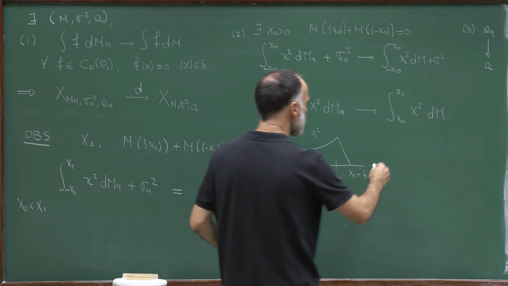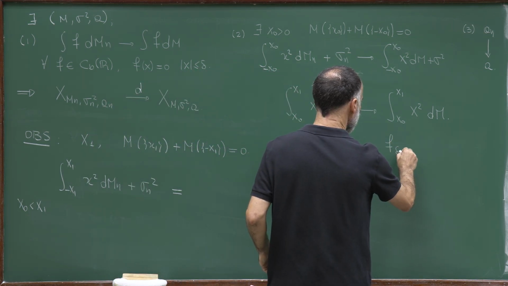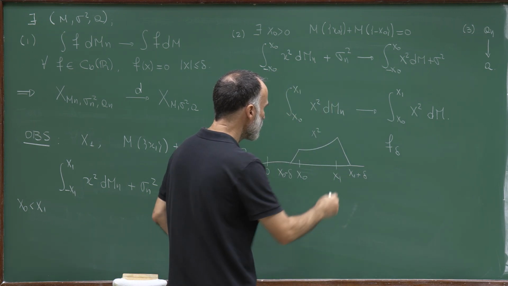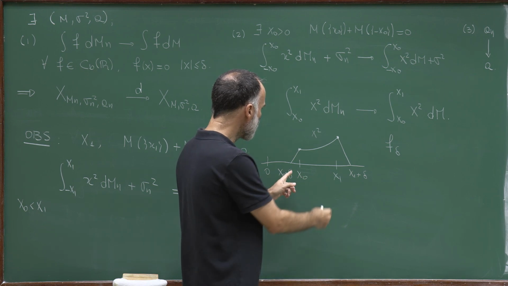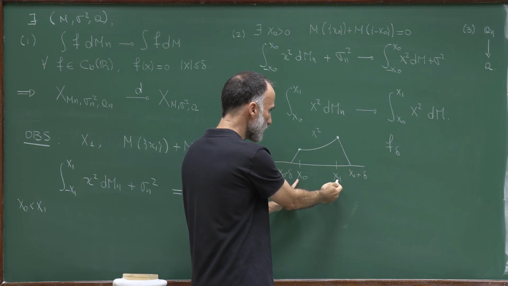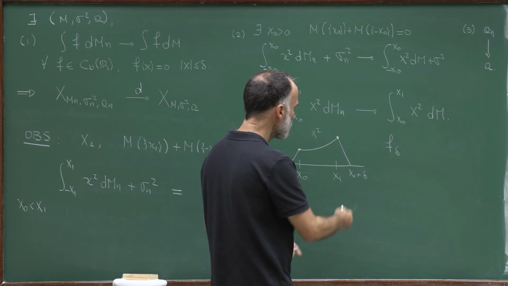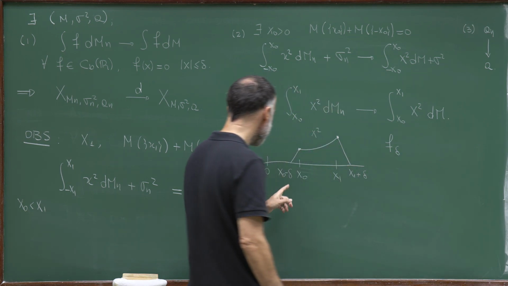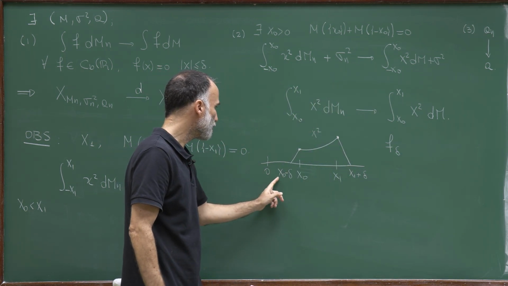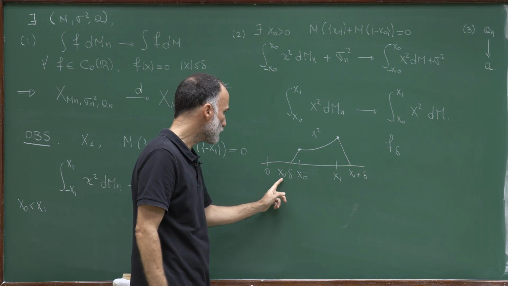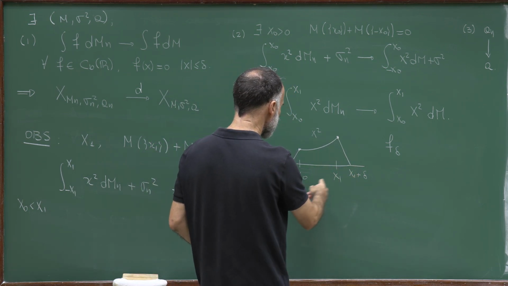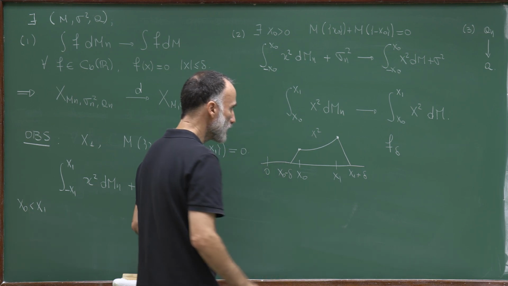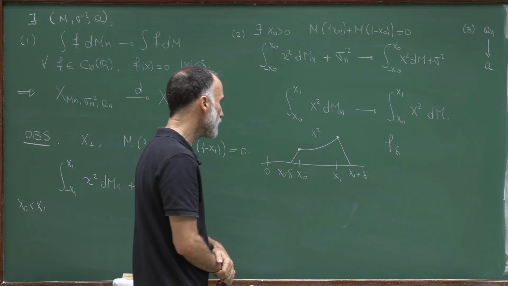And this is a function which I will call f delta. It's a continuous function. It's equal to x squared between x0 and x1, and it vanishes from x1 plus delta to plus infinity, and the same thing from x0 minus delta to minus infinity, and it's linear between x1 and x1 plus delta, and between x0 minus delta and x0. So this is the function f delta.